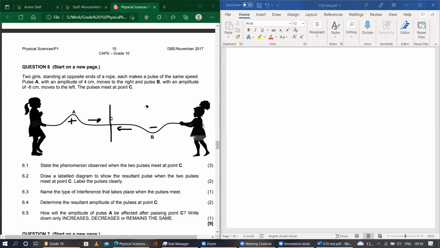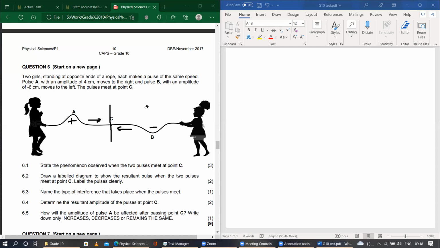So just from this information that we've gathered, you should be able to derive some information about the pulses that are going to meet. So we know that this is going to be destructive interference.